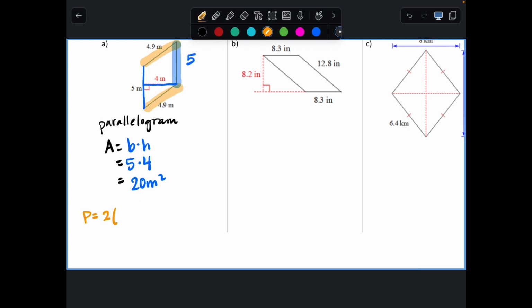I have 2 times 5 plus 2 times 4.9. That's 19.8 meters.